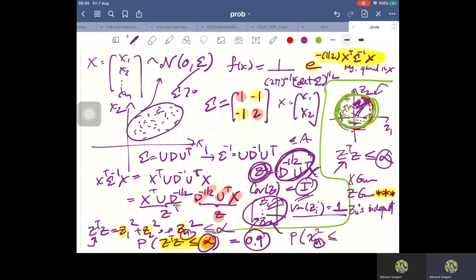That is, you'd like to find the probability of a chi-square variable with n degrees of freedom less than alpha, and that probability is 0.9. Of course, how can you determine alpha? You take the inverse of the CDF of the chi-square distribution.